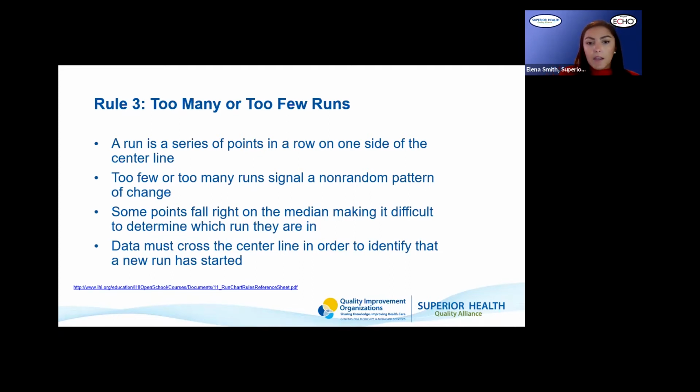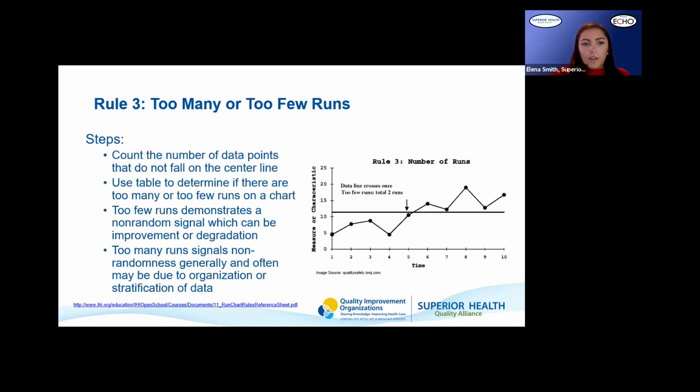Some points that fall right on the median will make it difficult to determine which run they are in. And finally, data must cross the center line in order to identify that a new run has started. An easy way to count the runs is to count the number of times the data crosses the center line, which I will get into on the next slide, and add 1.